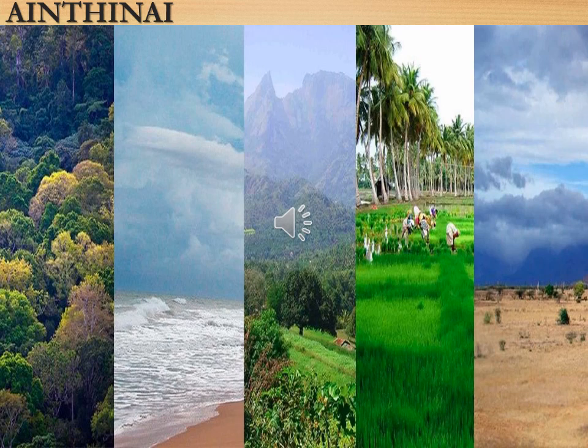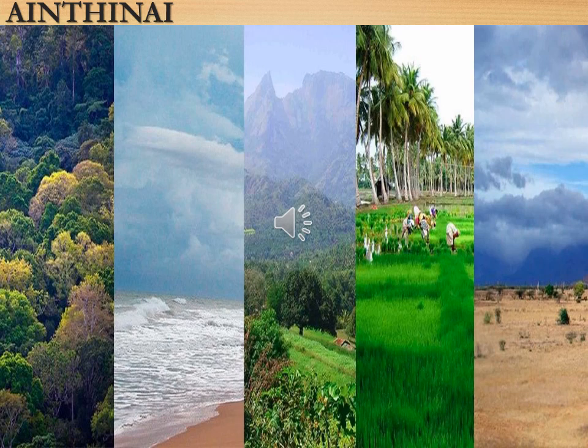The five Thinais are landscapes. Both Agathinai and Purathinai explain about human life, human nature. But the landscape, the place where our Tamil people lived, was divided into five types.